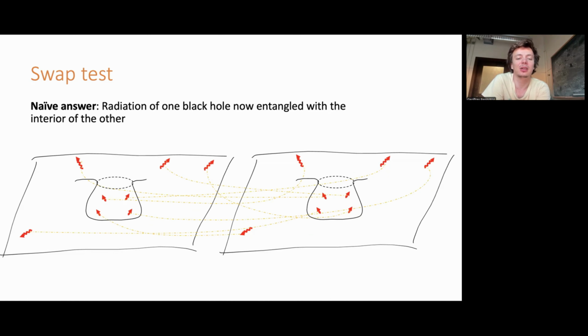So seemingly, we get some answer that this state after swapping is very close to orthogonal to the state before swapping. So the expectation value seems to be very small. And in fact, if you do the calculation carefully, then you get the expected answer for random thermal radiation. You get the answer Hawking would have gotten. It's all boring. It's just the same thing Hawking was seeing.